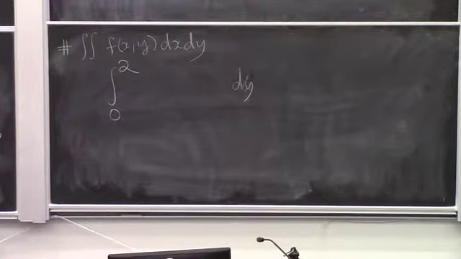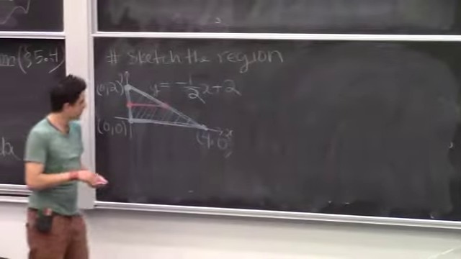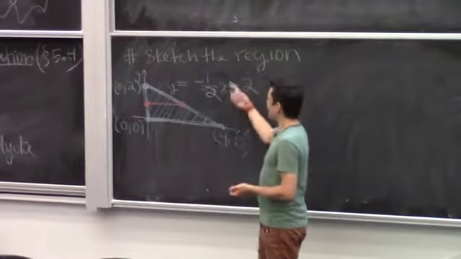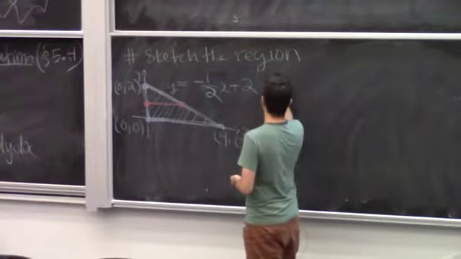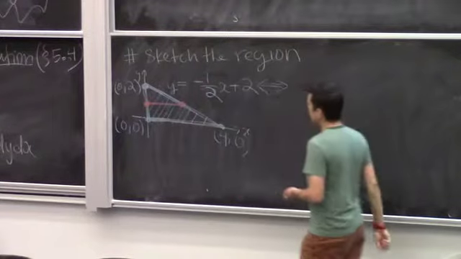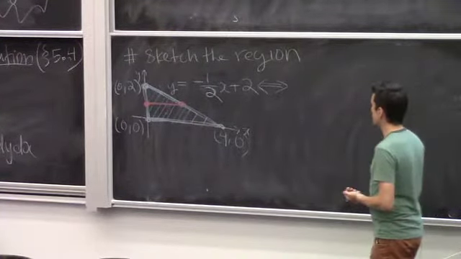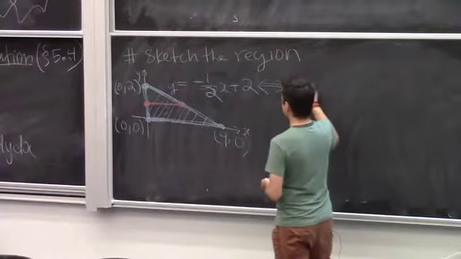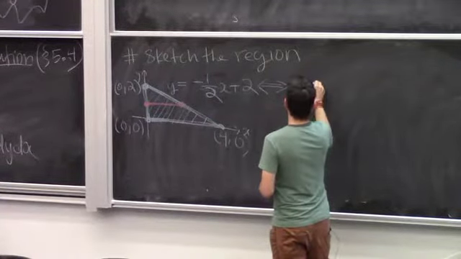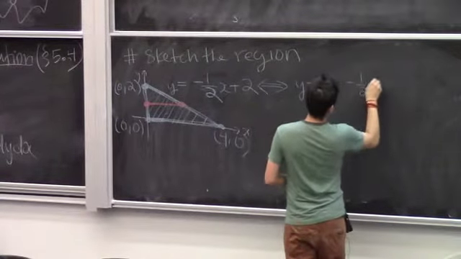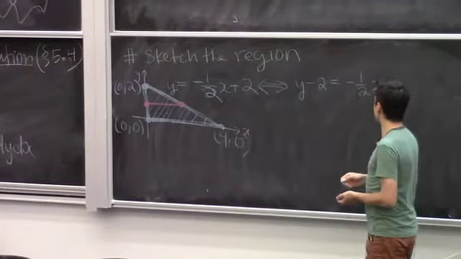Okay, so if I start at 0, what x do I get to is the question. And to do that, I need to figure out x in terms of y. So I rearrange this equation, and I get that's equivalent to y minus 2 is negative a half x.